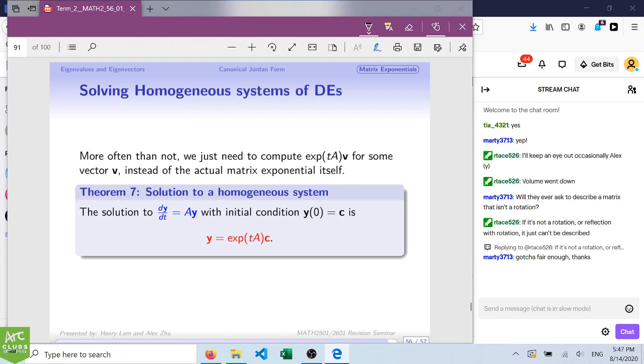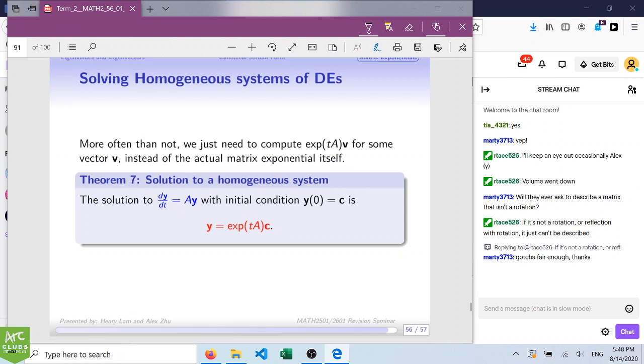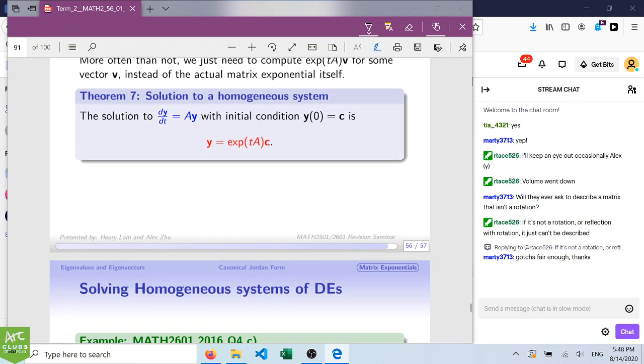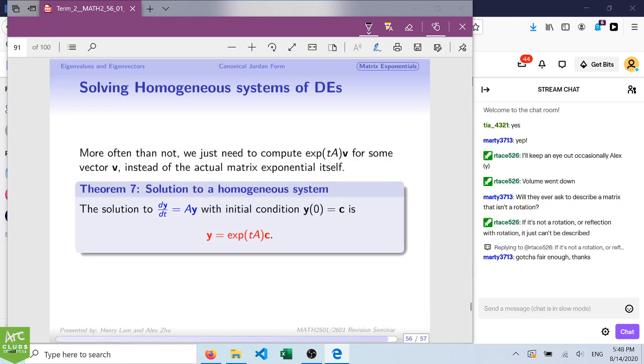Okay. So this part, solving a homogeneous system of differential equations, I'm not too sure if it's covered in 2501, but it's definitely covered in 26. So here we have the question: if you have a vector y with dy/dt equals Ay, with A as some matrix, what is the solution?